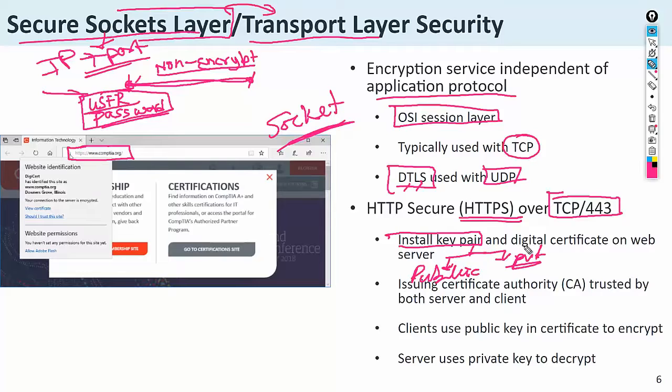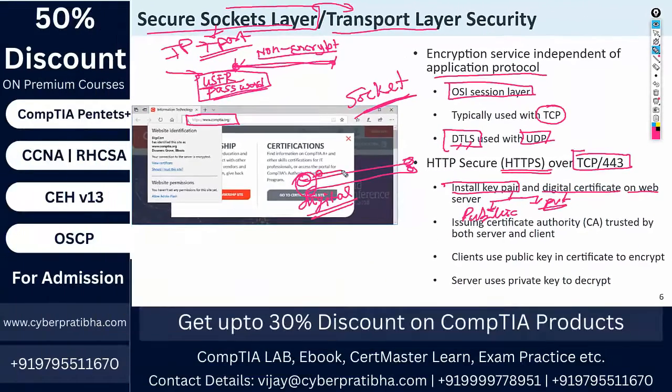So the digital certificate on the web server means that when you request any website for the first time, it will install a digital certificate in your browser. The next time, by using the digital certificate, data will be encrypted and sent to the server.